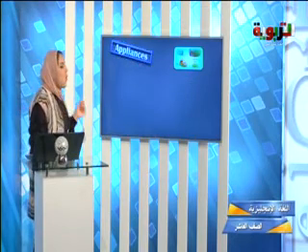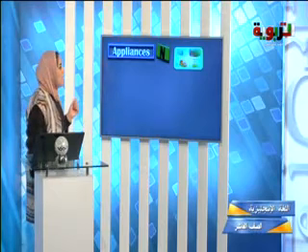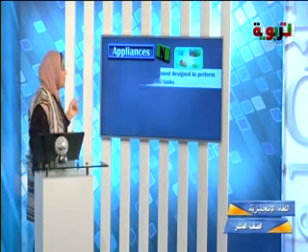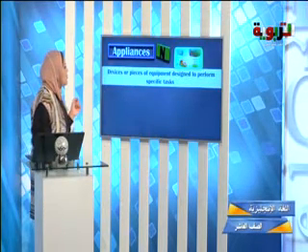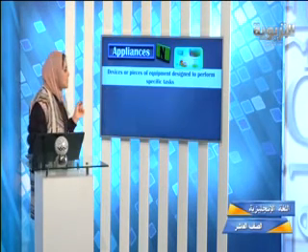Now, you can see in this picture, we have different devices. We use them at home. For example, the oven, the fridge, the iron, and also maybe a microwave. All of these are devices. We use them at home. So we call them appliances. Appliances. So appliances is a noun, and it means devices or pieces of equipment designed to perform specific tasks.